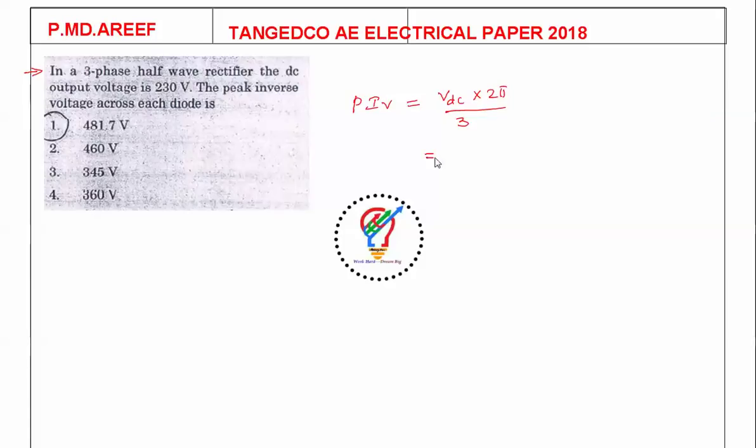VDC is 230, so 230 into 2 into 3.14 divided by 3 volts. It is nothing but 481.7 volts. So the peak inverse voltage is this value which appears across the diode. Next question.